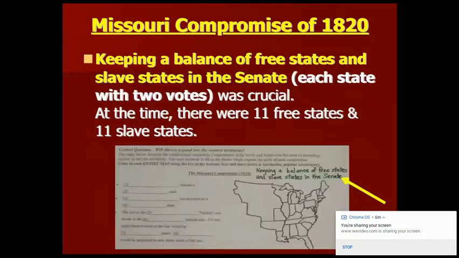So keeping that balance of free and slave states in the Senate, where each state would have 2 votes, was very important. So if you could write that down at the top of your sheet after the Missouri Compromise, if you could write keeping a balance of free states and slave states in the Senate, maybe that could help you to remind yourself about the Missouri Compromise, to maybe keep them straight a little bit.